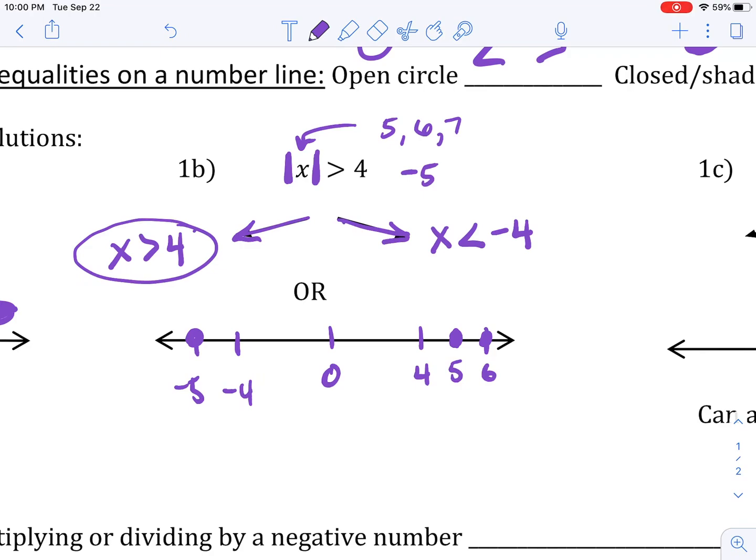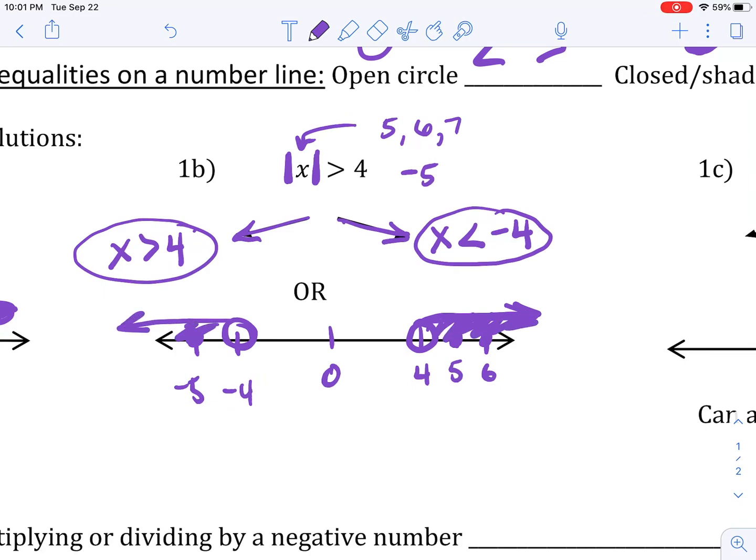X is greater than 4, which would be over here on my right side, and then shading to the right, and then x is less than negative 4. That would be over here and shaded to the left. So this is your solution. Now, you can have a number over here or a number over here.